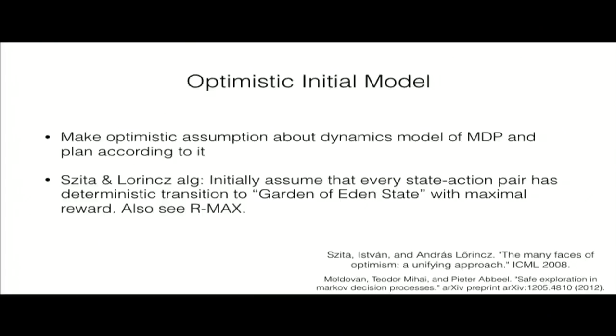Over time, because you take the state action pair and don't end up in the Garden of Eden state, the probability of that transition gets driven down to 0, and you start taking the actions that actually have the highest returns. This is called the optimistic initial model idea.